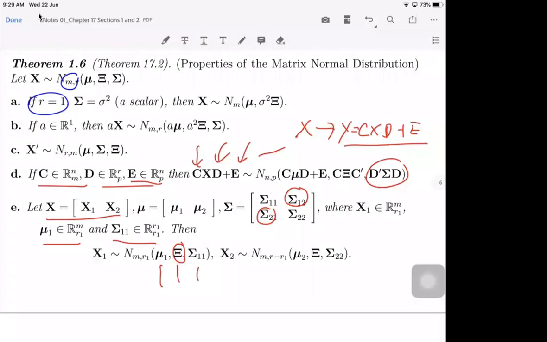Chapter 17. It should be mu prime, no? The proof is correct, but what is missing here is that this should be mu prime.